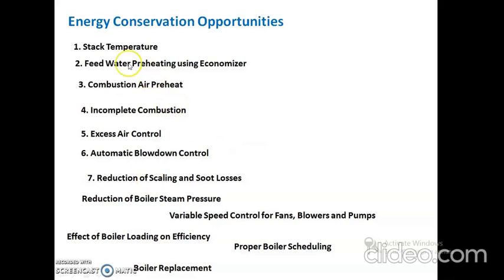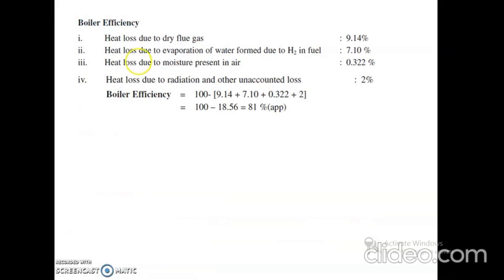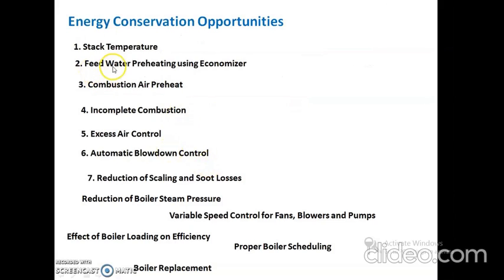If your boiler doesn't have an economizer and the heat loss due to dry flue gas is too high, you can recover that heat by employing an economizer in your boiler, and use the heat, which is otherwise lost in the flue gas, for heating the feed water. Then combustion air preheat: similarly, you can employ an air preheater, which recovers the heat loss in the dry flue gas to preheat the air supplied into the boiler furnace.